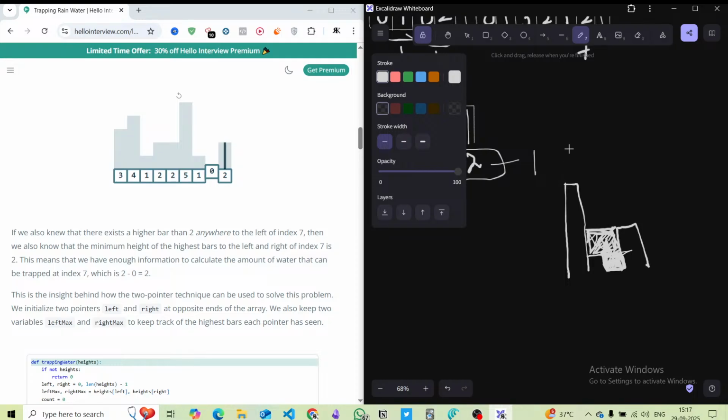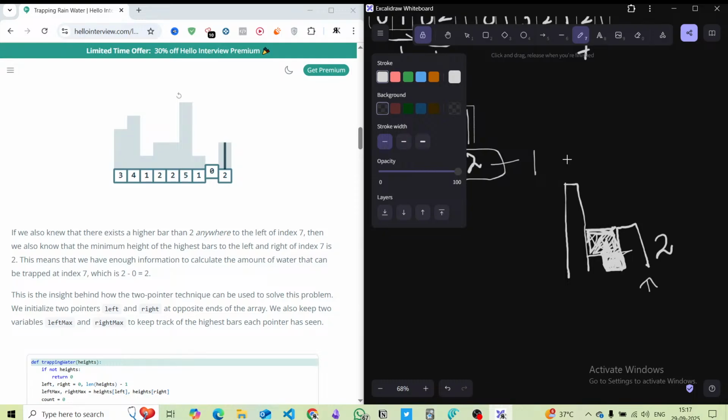For this, we make sure we have a left max and a right max. Here the right we have is 2. On the left, with the use of left max, we store the maximum height we have so that we can calculate.